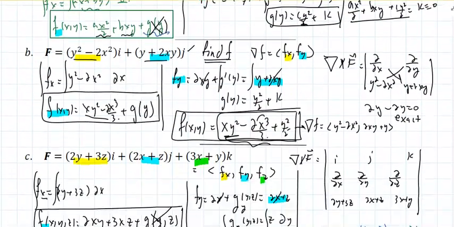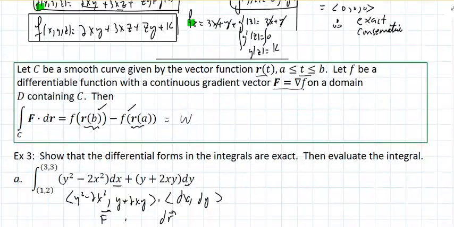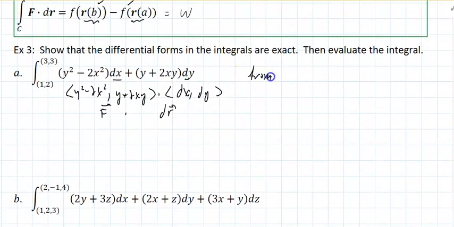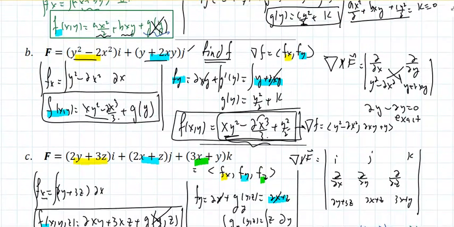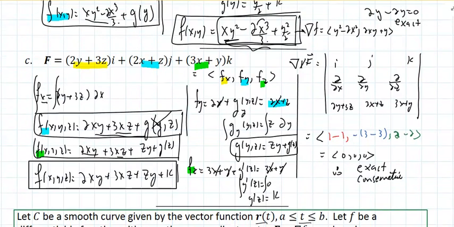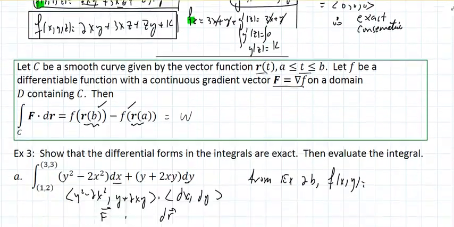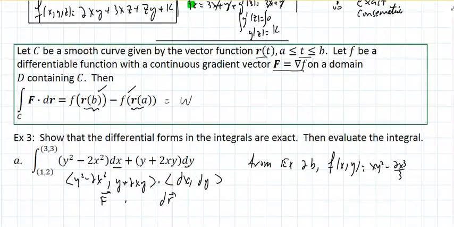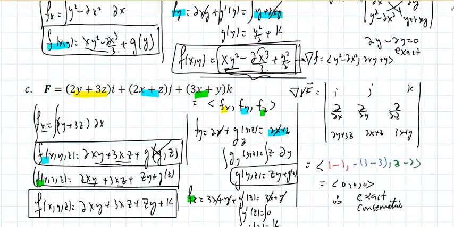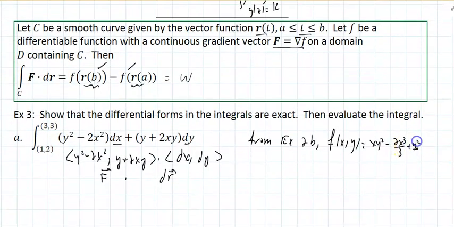So from example 2b, we know the potential function is given to be xy squared minus 2x cubed over 3, plus y squared over 2.